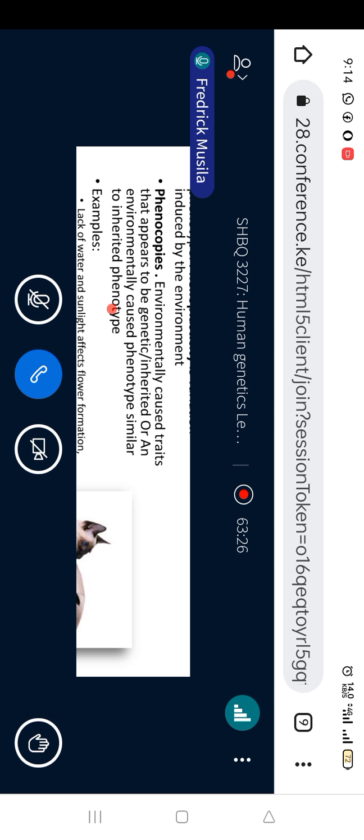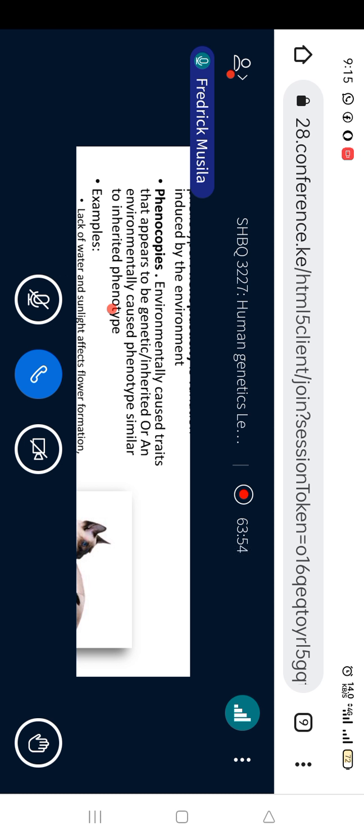I can give you an example of plants. You can see a plant growing in a desert where there's not enough food, the soil is not fertile, and there's no water. Then the same plant, the same genotype, the same genome, may be growing in a highland where we have plenty of resources. You find that the one growing in the highland grows very tall and has very nice flowers and leaves.